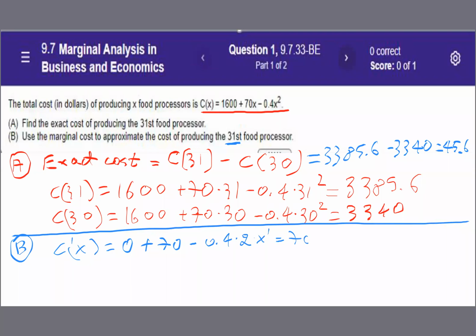So 70 minus 0.4 times X. So to produce the 31st unit, we're finding C prime of 31. So I have 70 minus 0.4 times 30.